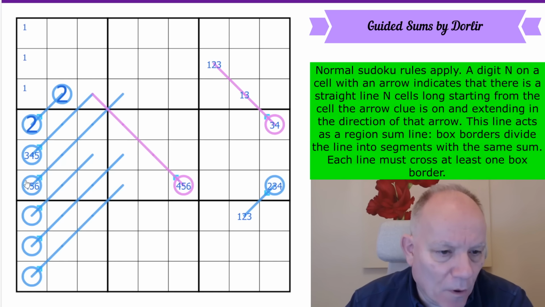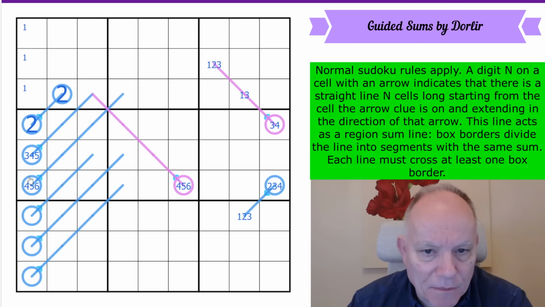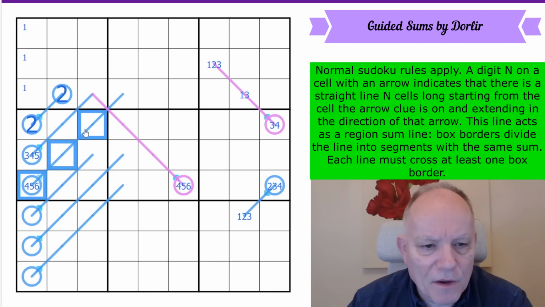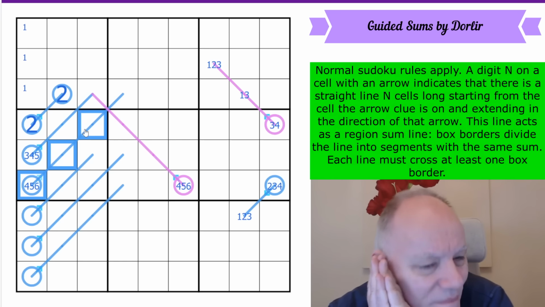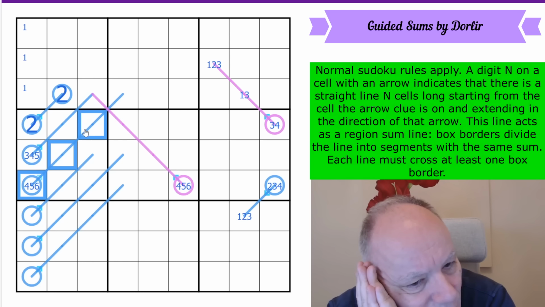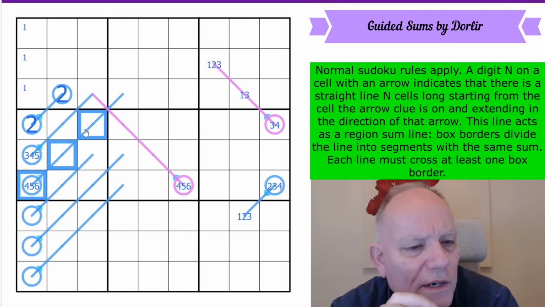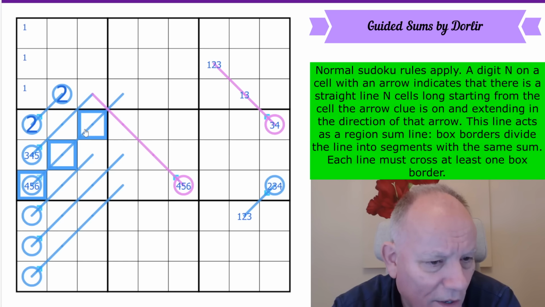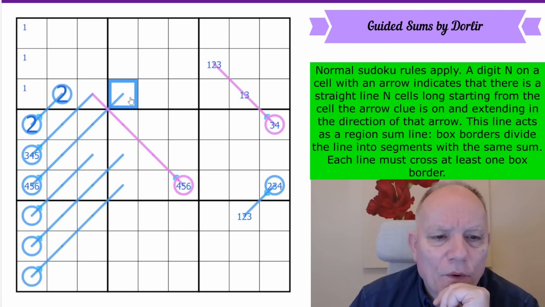I mean, this might be more colouring than anybody needs in this puzzle, but it's such an interesting puzzle. Now, if this is 4, that digit sums those 3. They'd have to be 4, 1, 3, and that would be a 4.